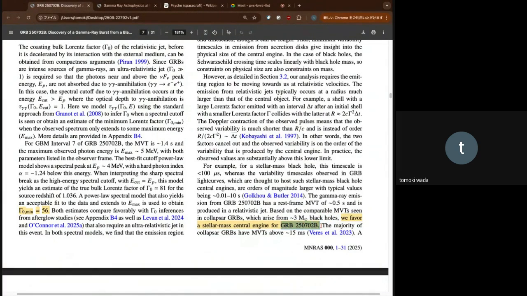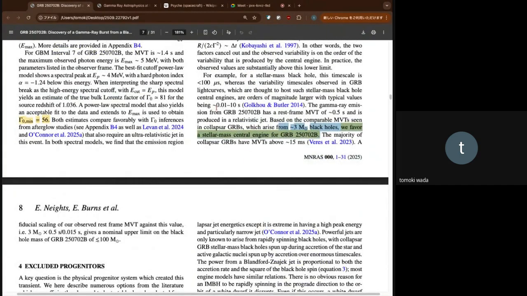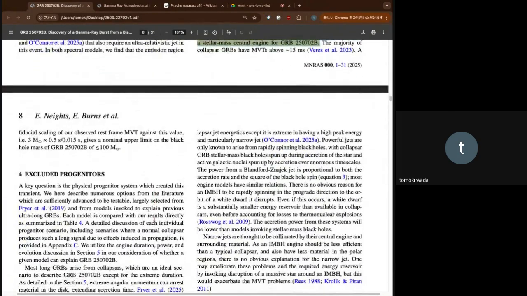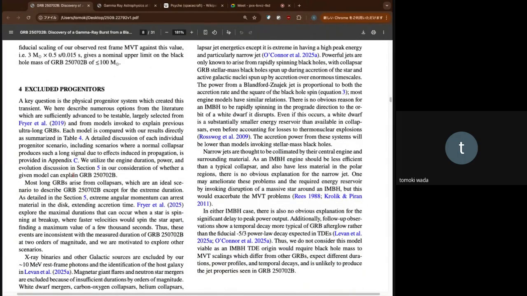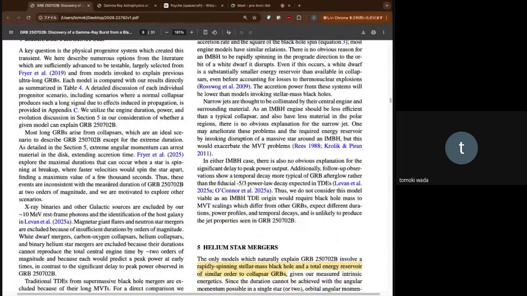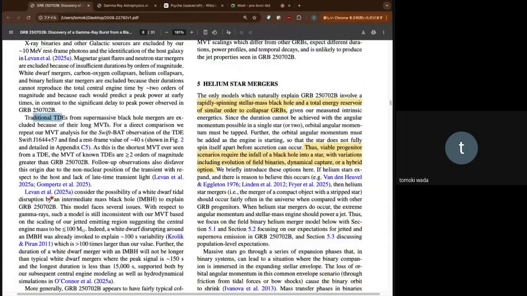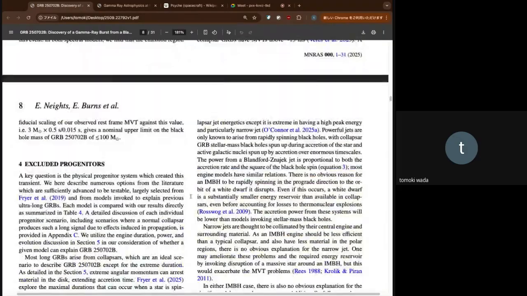So they conclude that stellar mass central engine is preferred for this event. And here they exclude some possible progenitors, something like X-ray binaries or TDEs or IMBH case, or something like this.